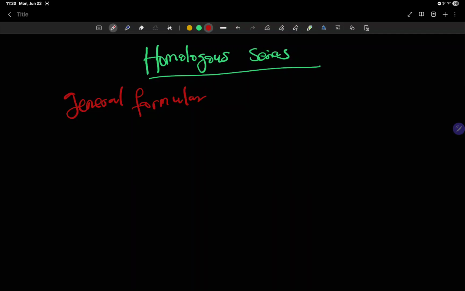Each of the members differ from each other by CH2. That is to say, the difference between the first member of each family to the next is a difference of CH2. So we're going to discuss the different members or families we can see in the homologous series.